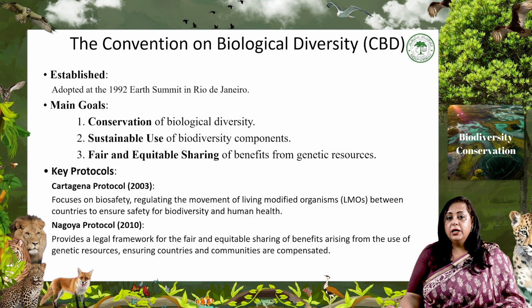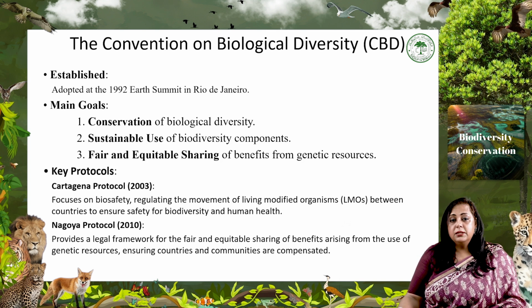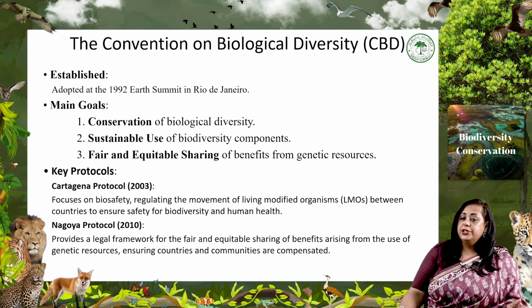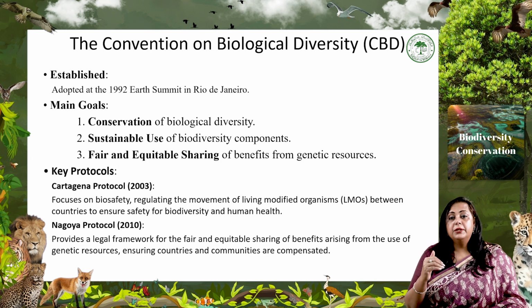So, we will take up the Convention on Biological Diversity, also known as the CBD. It was a global need to have some convention which can conserve the global biodiversity. Every nation should have its right over its products and genetic material.